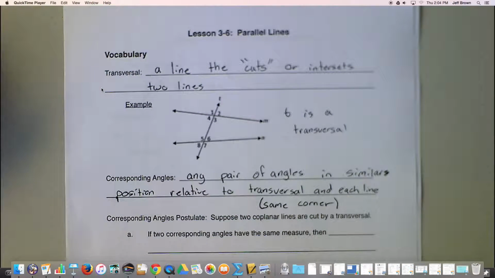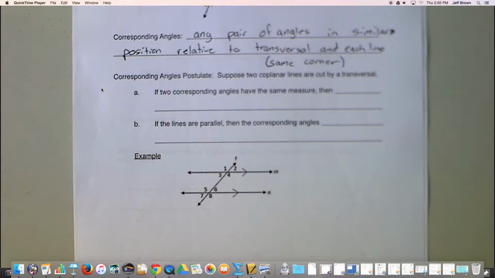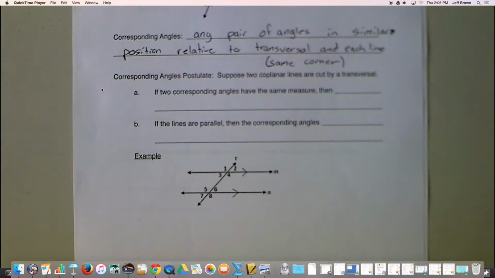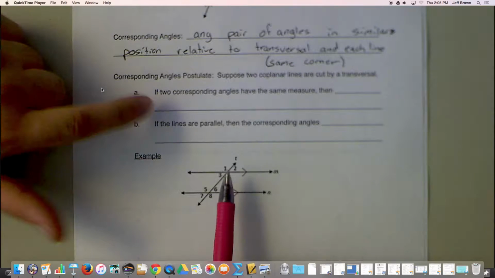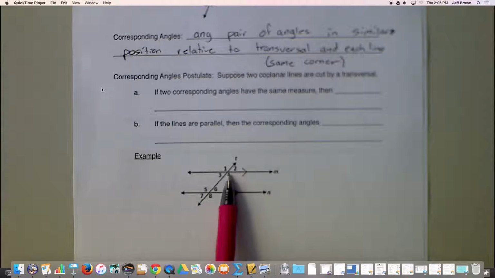We're actually going to skip the next term. If you go down to the bottom of the page, there's an example down here. And so we're going to look at our corresponding angles. So our first pair of corresponding angles, if I look at angle 1, our corresponding angle is the one that's in the same position around the other intersection.